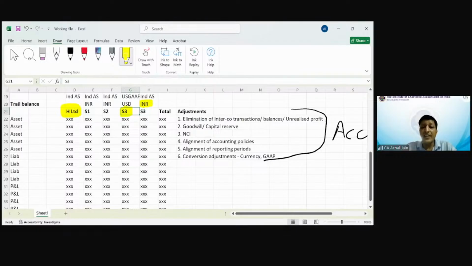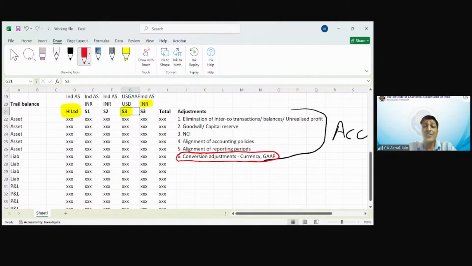Now for S3, other than these two problems, I'm calling these problems because these need to be fixed by the parent. So other than these two problems, one more problem could be there. What is that? When the audit report by the auditor of S3 is issued, it's under a different framework. Yes or no? In such a case, what will the auditor of CFS do?